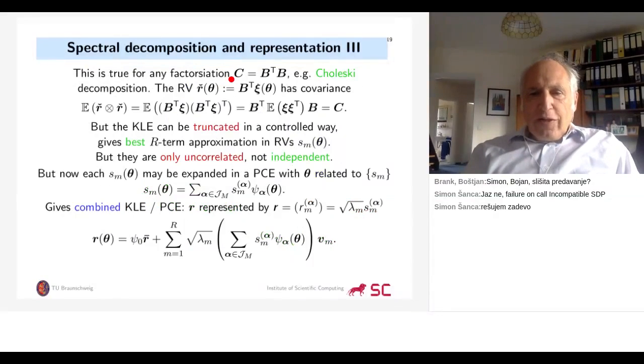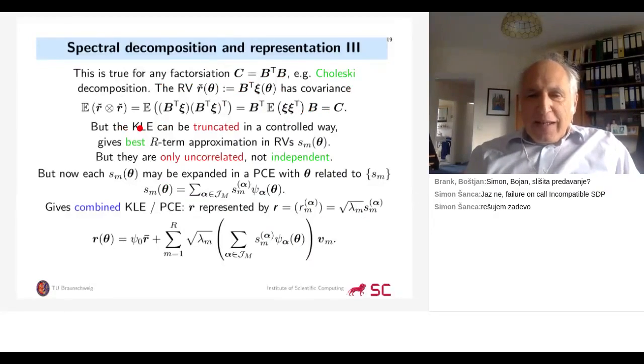Good. So this is true for any factorization, for instance, for the Cholesky factorization. So this has the correct covariance. This is the same computation as you've seen just before. The problem with the Cholesky factorization is that it doesn't tell you which components are important and which are not.